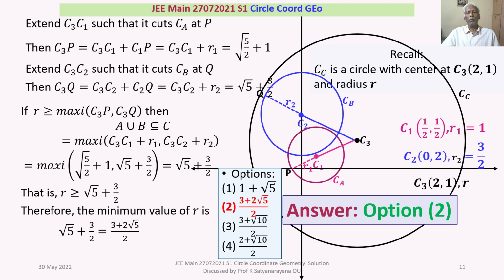In this, I have tried to give a general method of attacking this problem. I am not taken away by the diagram. Of course, we can also draw a suitable diagram and get some inference from it, but here I have tried to give a general method.